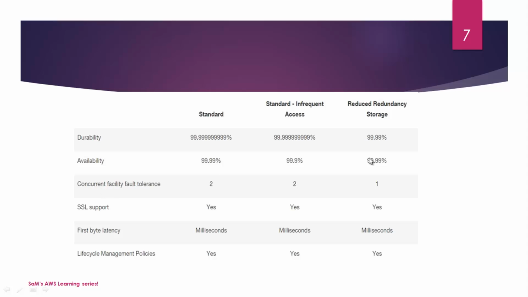The reason I say this is that it will only sustain a concurrent loss of one facility. So the tolerance is less, and Amazon says it upfront. There might be a possibility that data will be inconsistent, or you might even lose the data. That's why people will not put critical data into RRS. So remember that this is only for reproducible or regeneratable data.